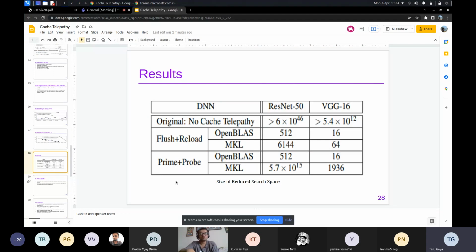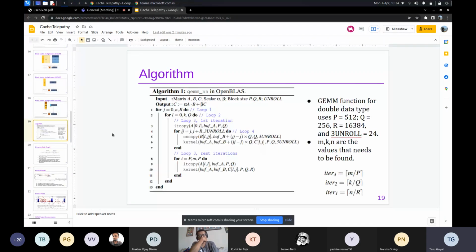I gave the analogy of Timsort: if the data size is small it uses insertion sort, and if large it uses quick sort for partitioning. These open source libraries do a similar thing. If you increase the block sizes P, Q, R, they will use a different algorithm, and it may also impact performance because they have optimized these values for the cache.